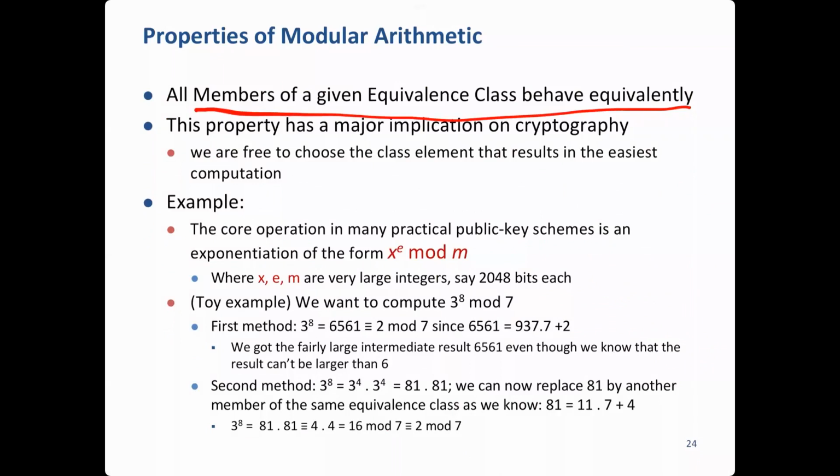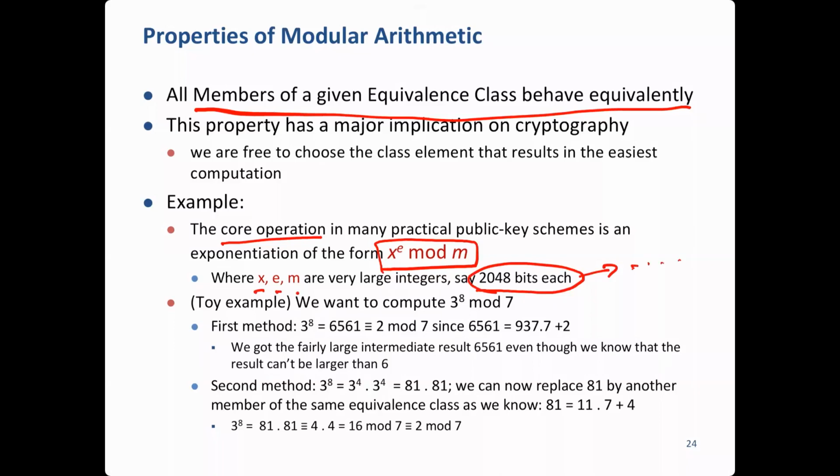So now something that's very important, the core operation we do in this kind of algorithm is x raised to the power e mod m, where x, e and m are very large numbers, which are 2048 bits each. So it means that x could be very, very large, 2048 bits, right?